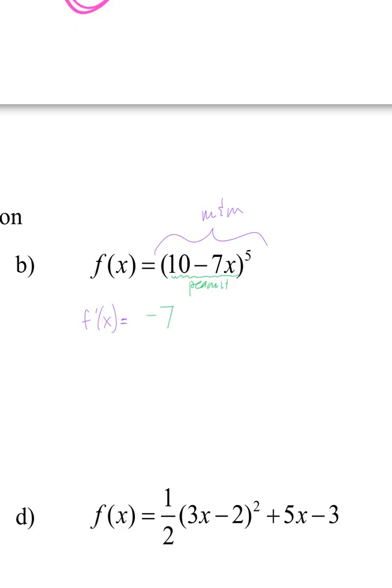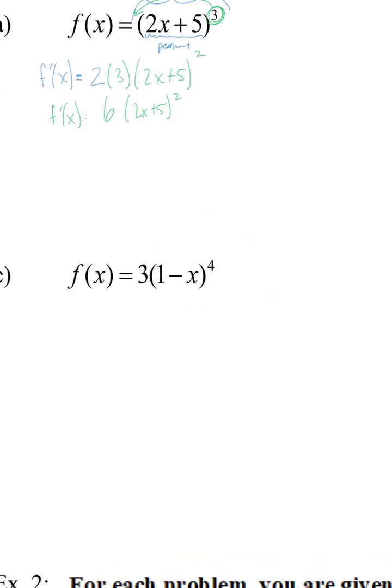Then the derivative of the M&M takes that 5, puts it out in front. The stuff that's in the parentheses remains the same, and I subtract 1 from that exponent. And when I clean that up, I have -35 times (10 minus 7x) to the 4th. Okay, let's keep going.